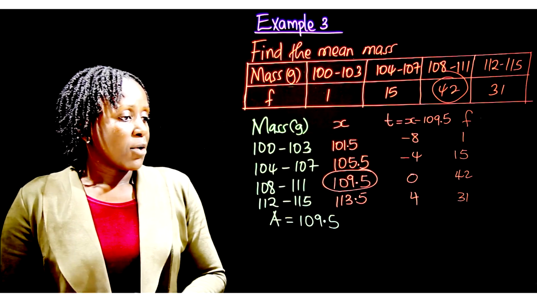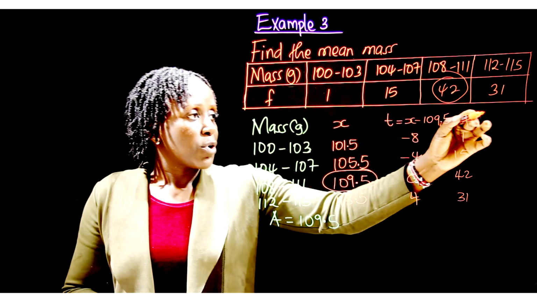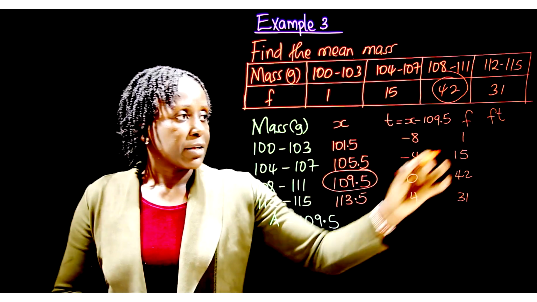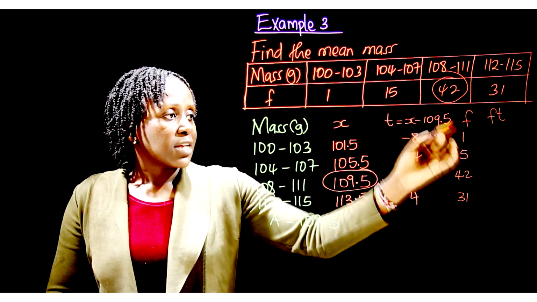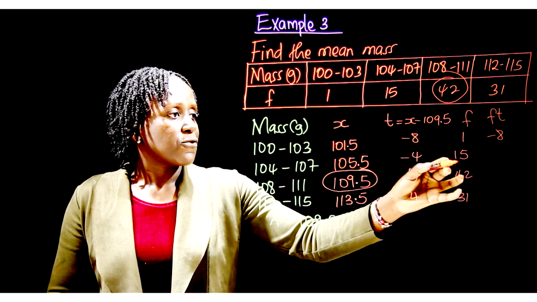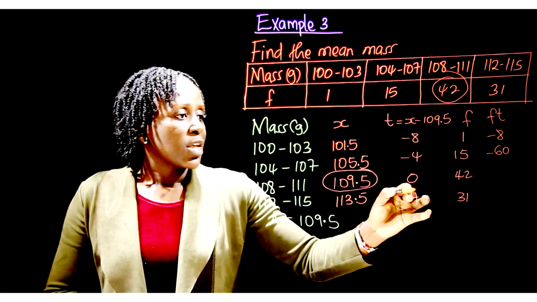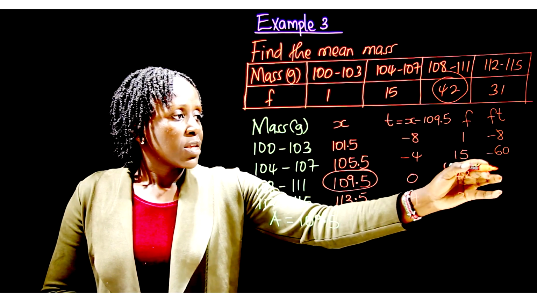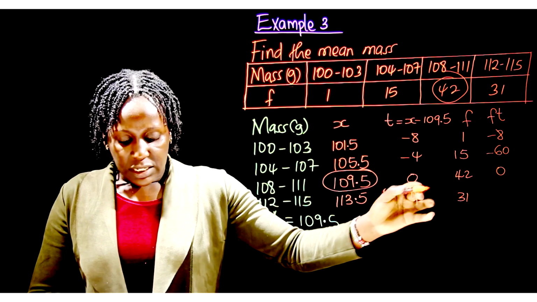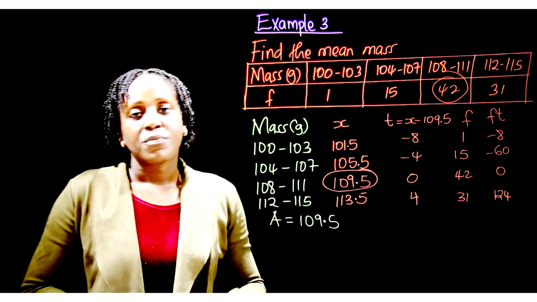With this data, we can now calculate ft, which is the product of f and t. So negative 8 times 1 is negative 8. Negative 4 times 15 is negative 60. 0 times 42 is 0. 4 times 31 is 124.